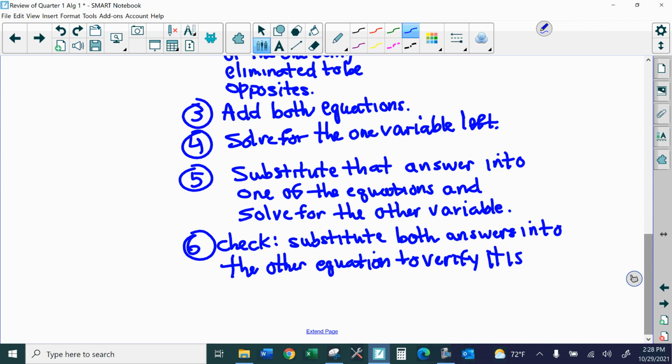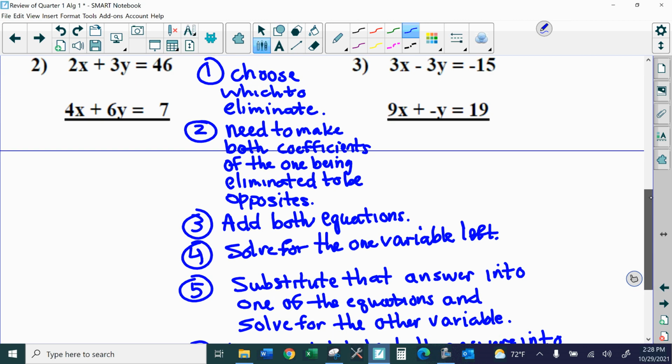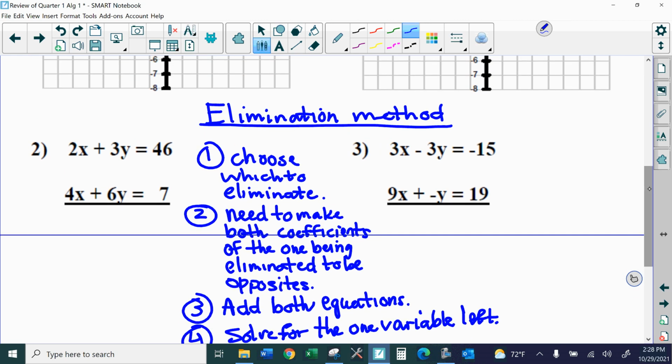And if it is true, then you know your answer is correct. So you can know on every one of these problems if you have the answer correct or not. Okay, so we're going to go through those 6 steps right there, but you have to have those memorized. You were introduced to it last year in 8th grade. So we're going to do that for these 2 problems.